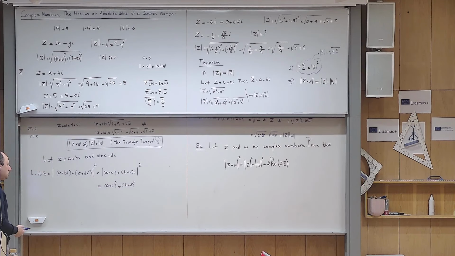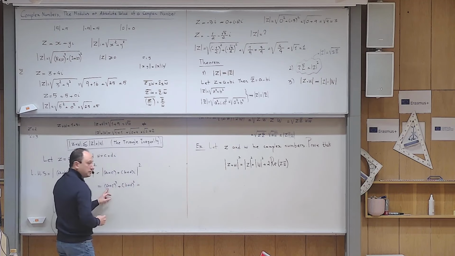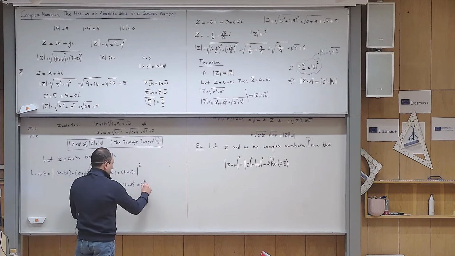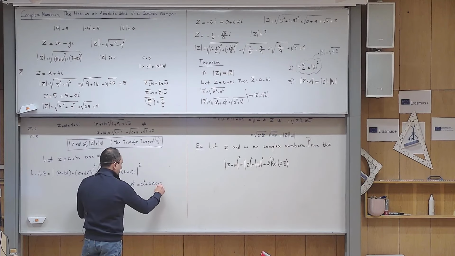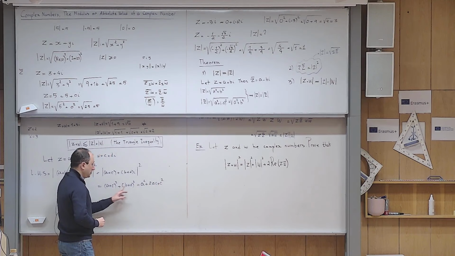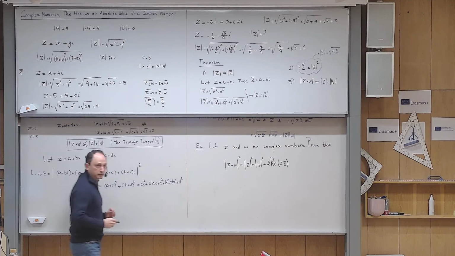Okay, I don't know which way you prefer. Do you prefer to continue, or do you want to go to the other side and start comparing? Yeah, let us expand. Okay, so what happens? This becomes the first one squared plus 2 times the first one times the second one plus the second one squared. And this one becomes the first one squared, 2 times the first one times the second one, plus the second one squared.